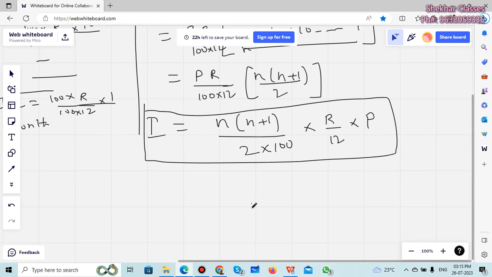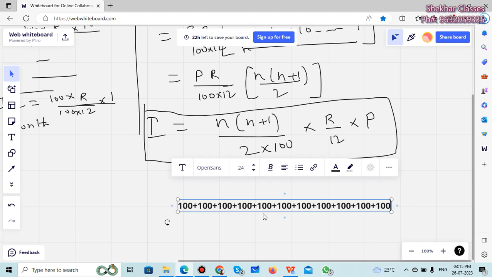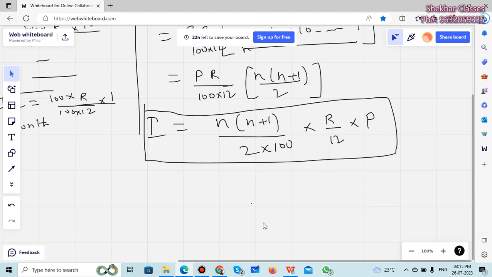Now let me compare it with the formula that we have in the book.